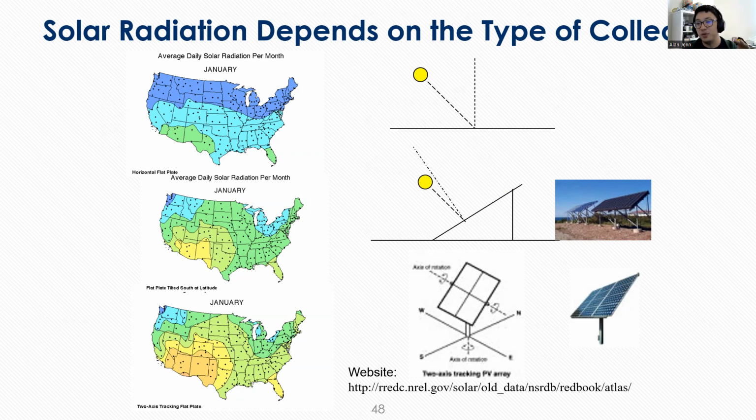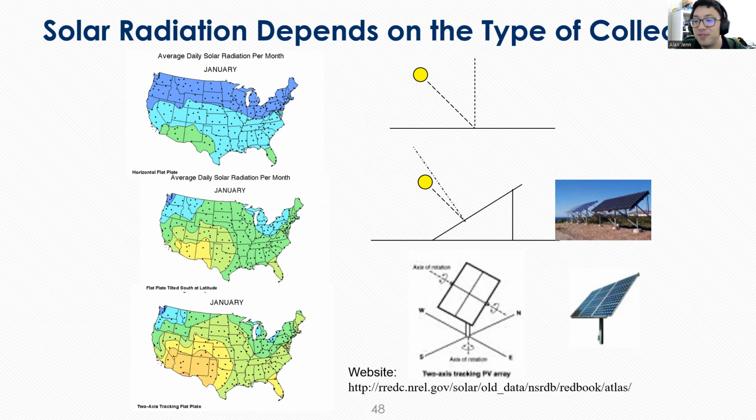And so if you just had it flat, the relative amount of energy might look something like this in January, but if you had it angled in a certain way, where you are trying to get as perpendicular to photons coming in on average as possible, you might look something like this, where the yellow is getting more energy and blue is less energy.